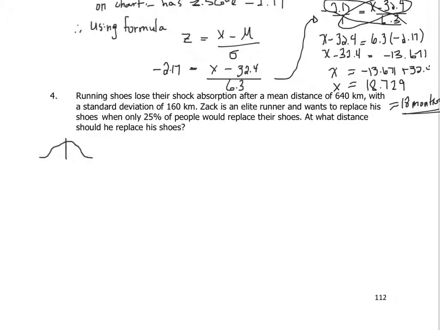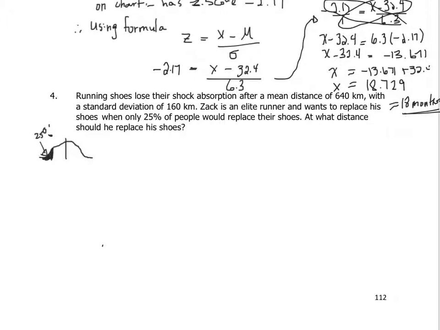So he'd be trying to do it a little bit earlier than what most people would. Most people would probably let them go a little longer. So you're probably looking for a z-score that's somewhere down below the mean, and you'd want this to be 25%.